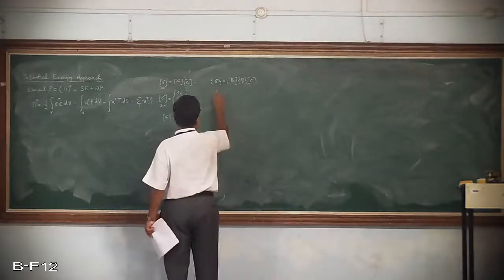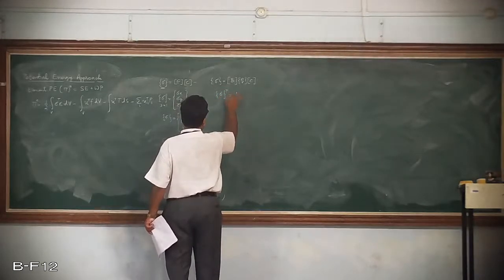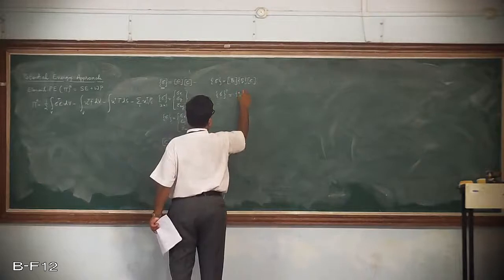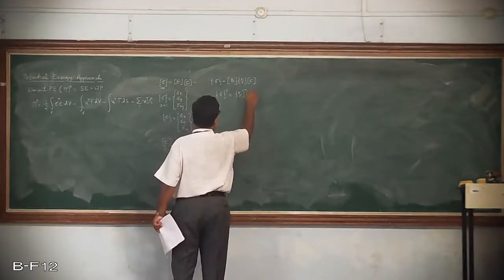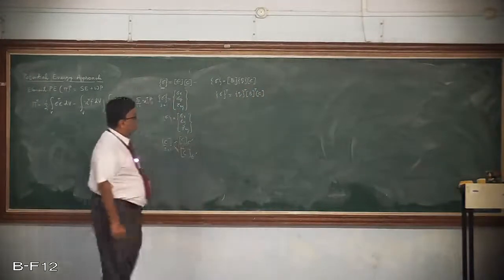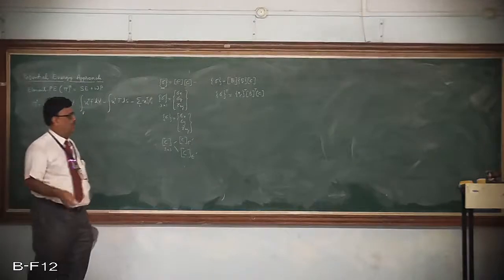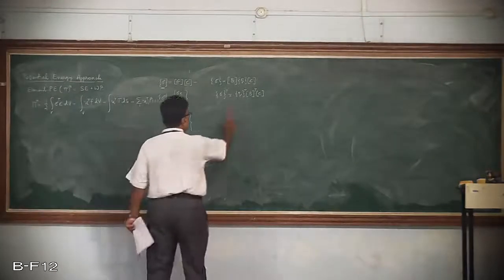If I take sigma transpose, this is equal to Q transpose B transpose into C. C is symmetric, so there is no question of transposing. It is one and the same, it will remain C only. So C transpose will remain.